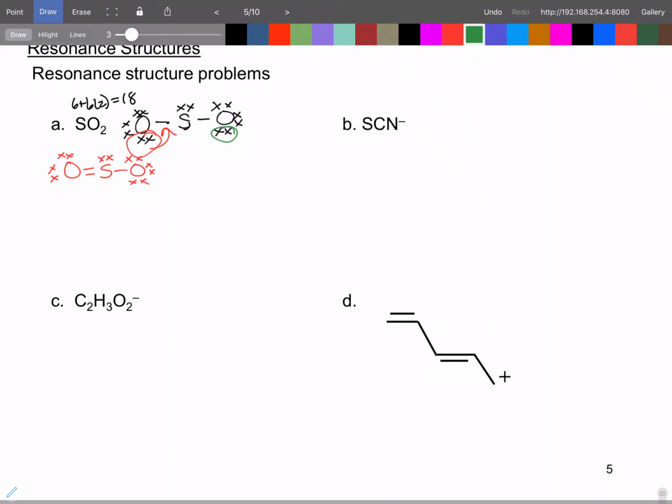If we took it from here, we would have this oxygen as a single and the other one as a double. And because they're resonance structures, we would put our double-headed arrow in here like this. So these are equal. It's just a difference in position of the double bond between the sulfur and the oxygen.